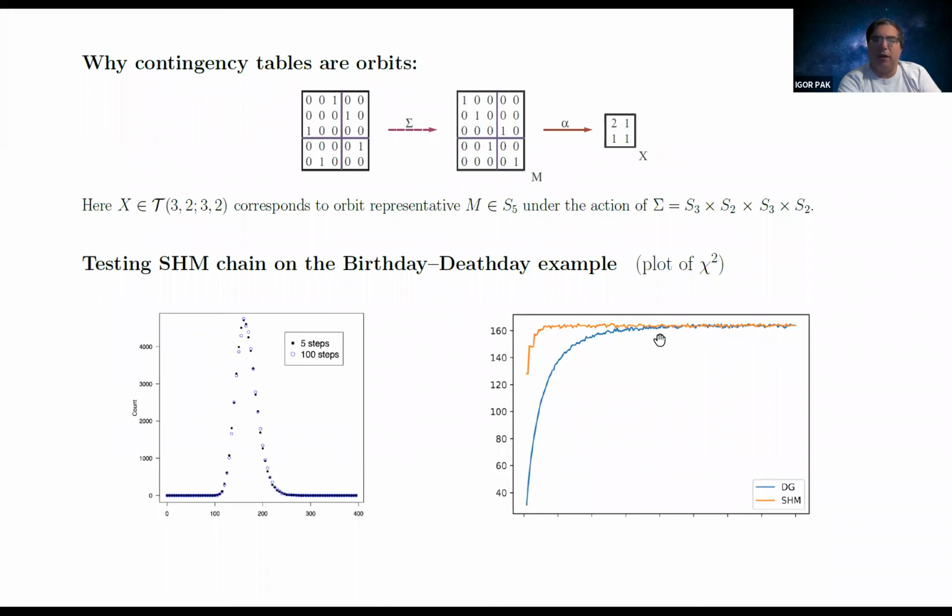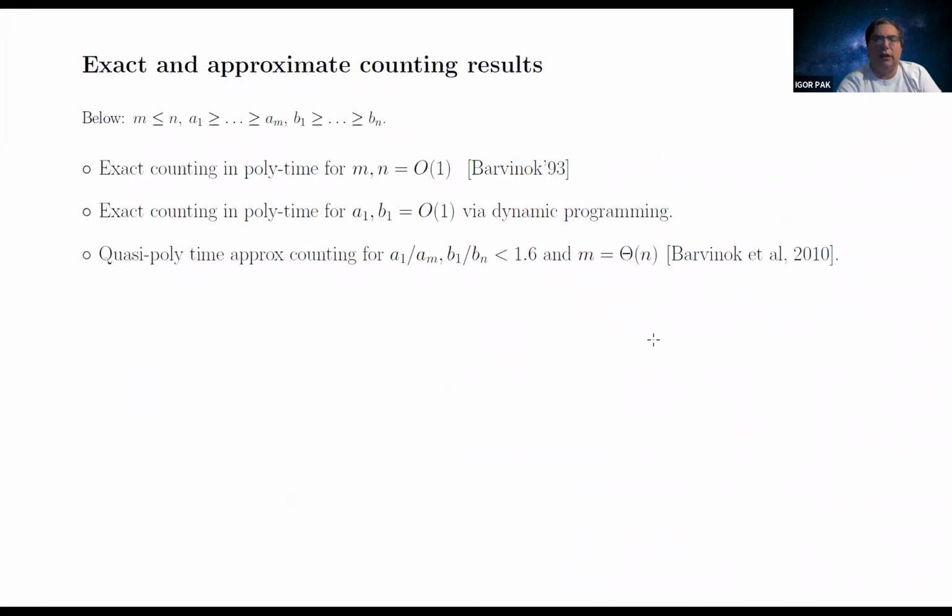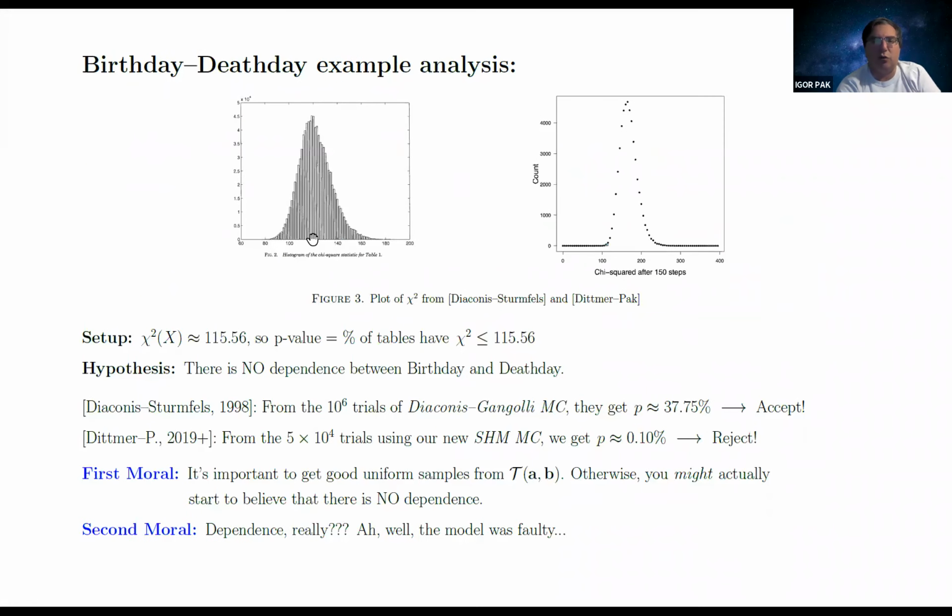You can see that the mean becomes around 160, while if you look at this distribution, the mean is quite a bit off, which means that in practice, Diaconis and Gangoli actually didn't do enough steps to get close to the mixing. They didn't know.